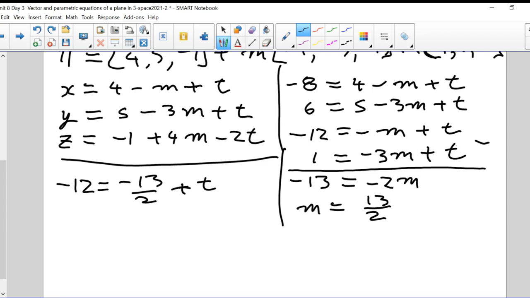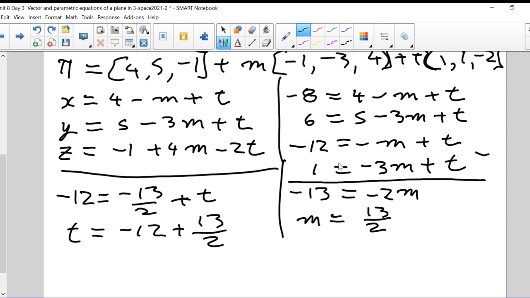I'm just substituting the value of m. So t is equal to minus 12 plus 13 over 2. Uh-oh, what did I do first now? Shouldn't it be 2m?